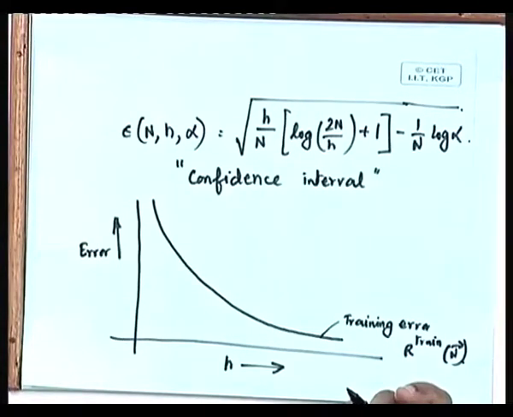Definitely in this case n is much higher as compared to h. That is bound to happen because you are considering n number of training patterns, which will be much more than what the VC dimension tells you.